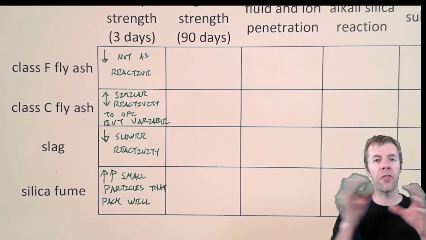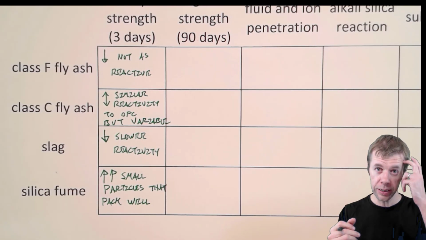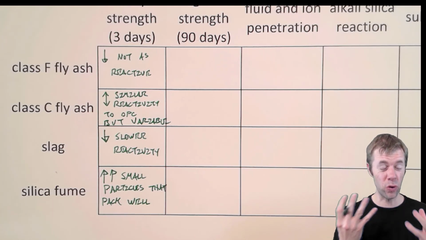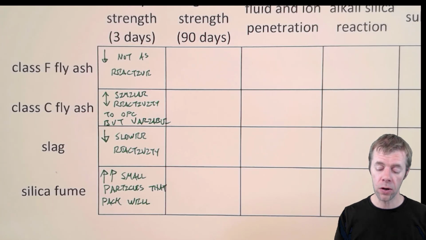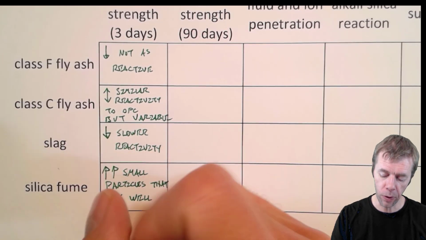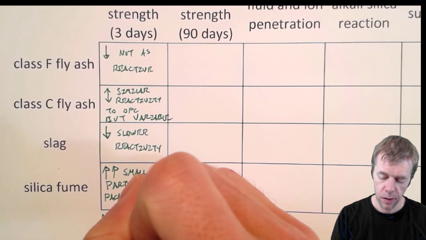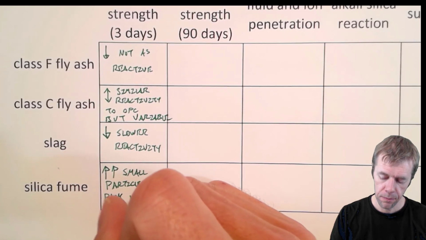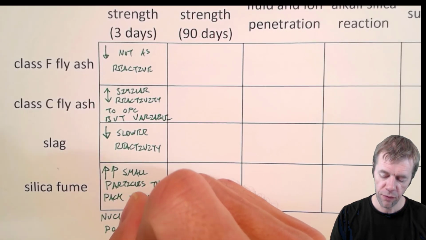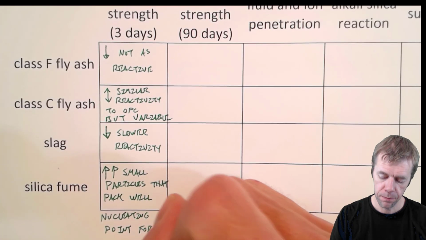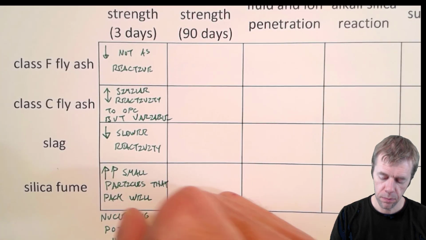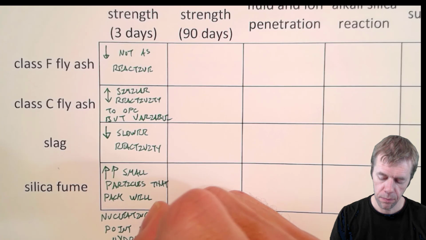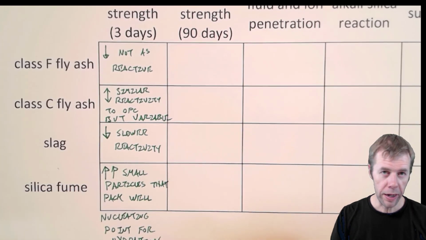Put all these little small things in there and it's really hard to get things in, but it's really easy to transfer load, okay? And it also acts as a nucleating point for hydration. All right.